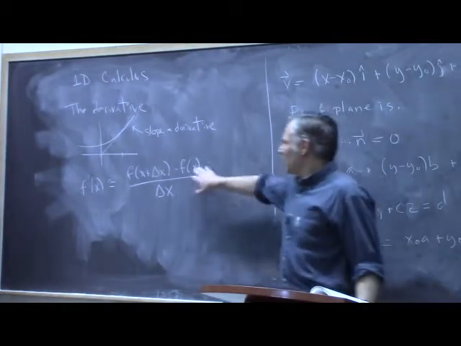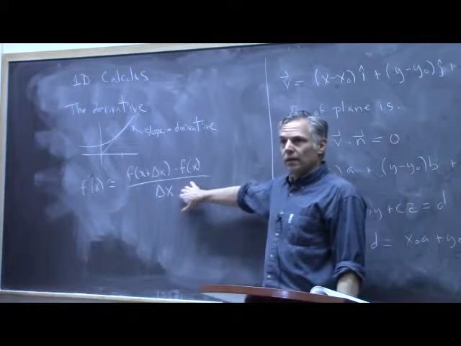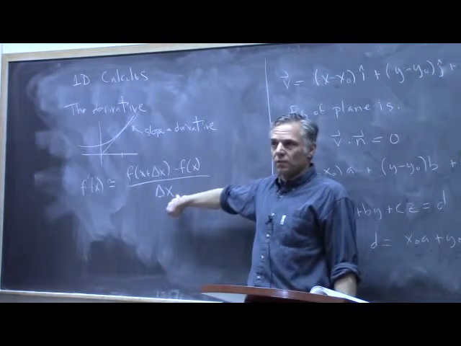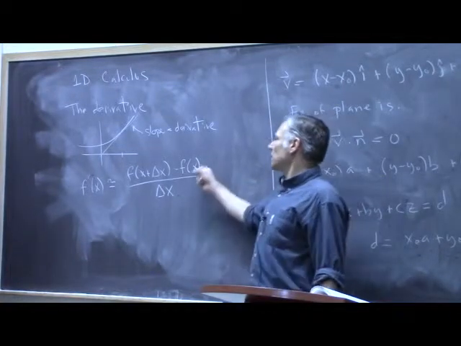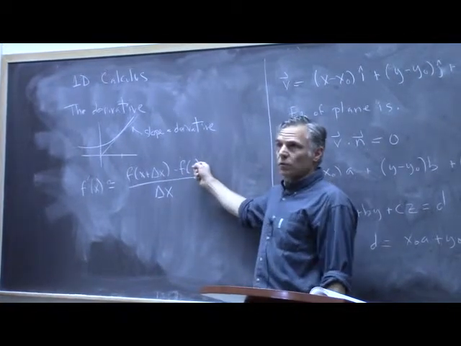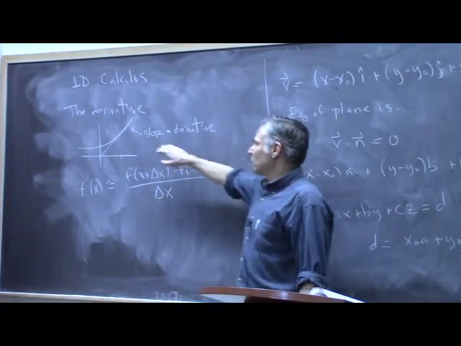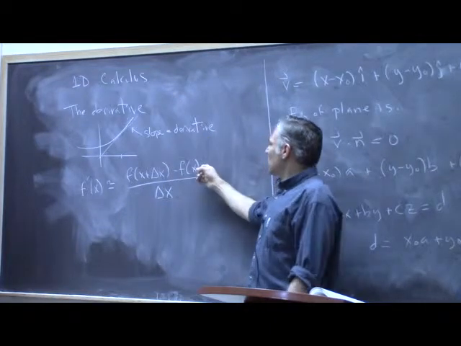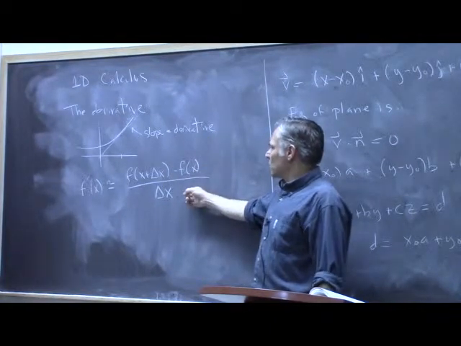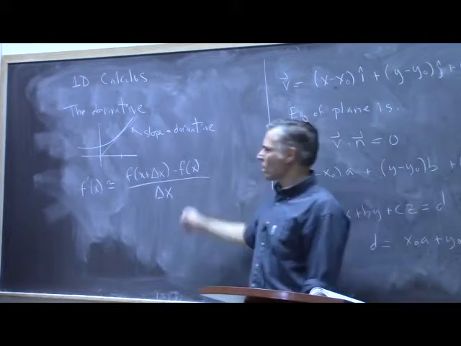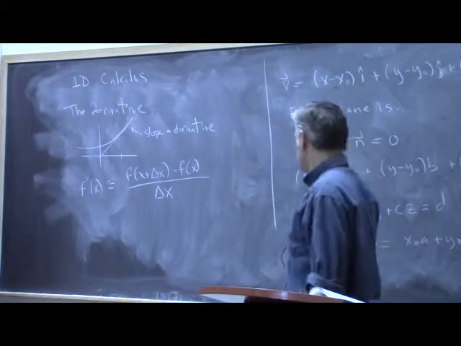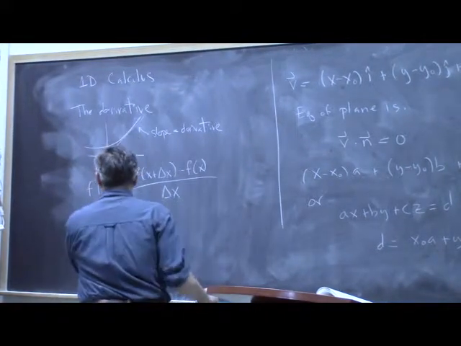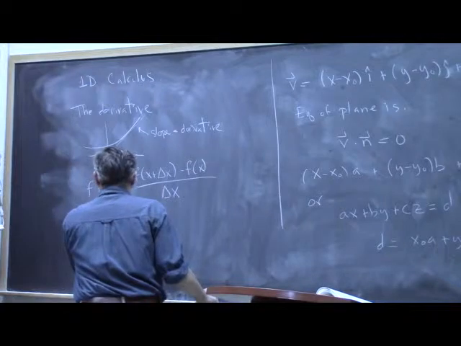How much f changes if we change x by a bit? And then we're interested ultimately in the limit that delta x goes to 0. If you're given a table of numbers or a graph, you can estimate the slope, or the change from the numbers you're given. And the notation here is f prime, or sometimes df dx.